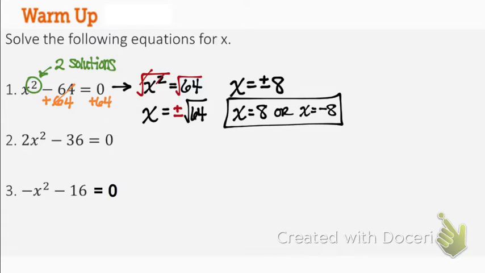On number 2, what do I do? Add 36 to both sides. All right, so I get 2x squared equals 36. Divide by 2.